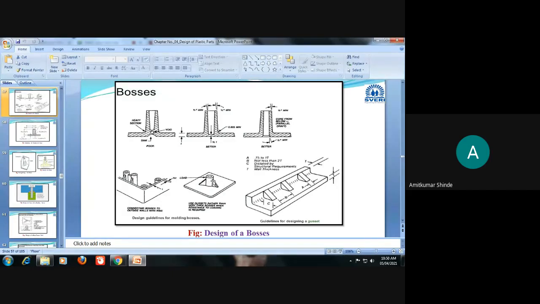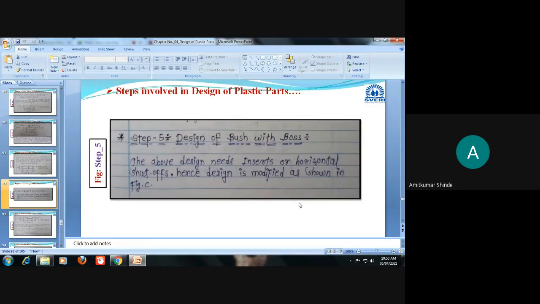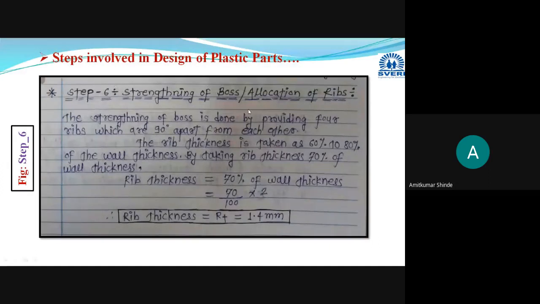Here these are just sides, but the ribs will be rectangular in shape. Now the strengthening of that boss is done by providing the ribs. Four ribs will be provided 90 degrees apart from each other.